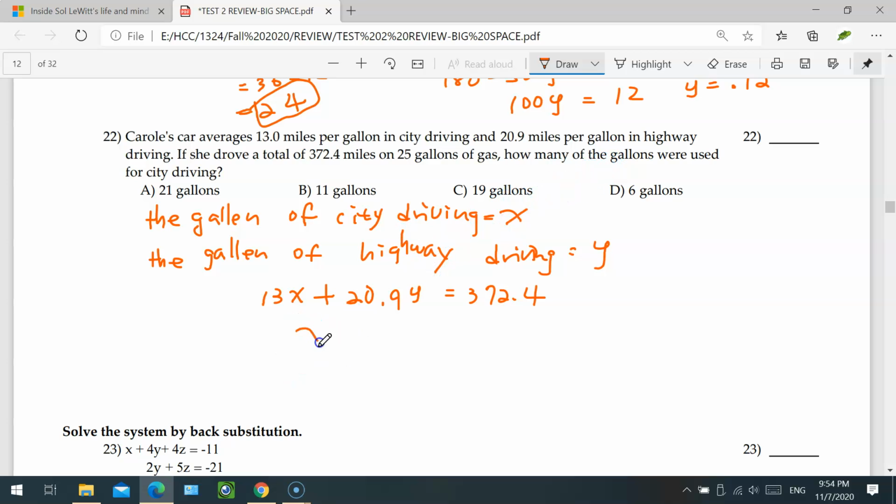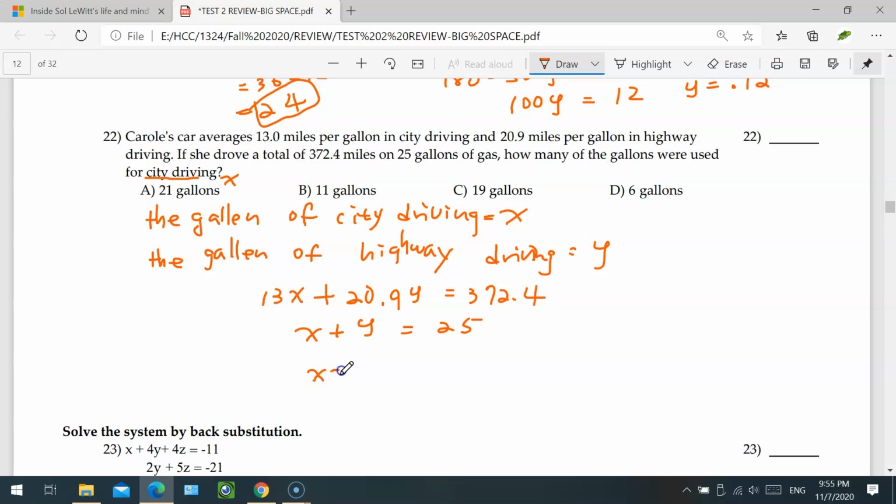So x plus y, because the total is 25 gallons, she used that on the gas. Now they want us to find city driving, which is x. So x plus y is equal to 25.